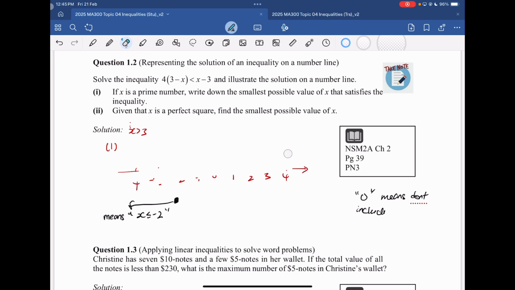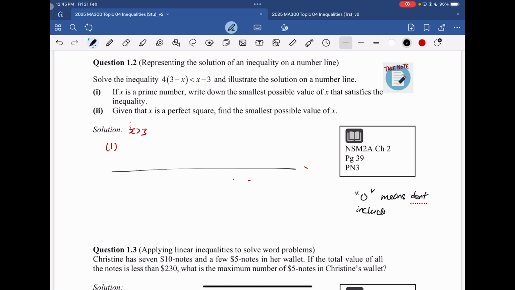So if you look at x more than 3, suppose I skew the answer a bit, say -1, 0, 1, 2, 3, 4, 5, 6, 7, and so forth. The smallest possible value that satisfies the inequality. Okay, so Ariel knows that the number line solution set looks like this, and she looks at this.